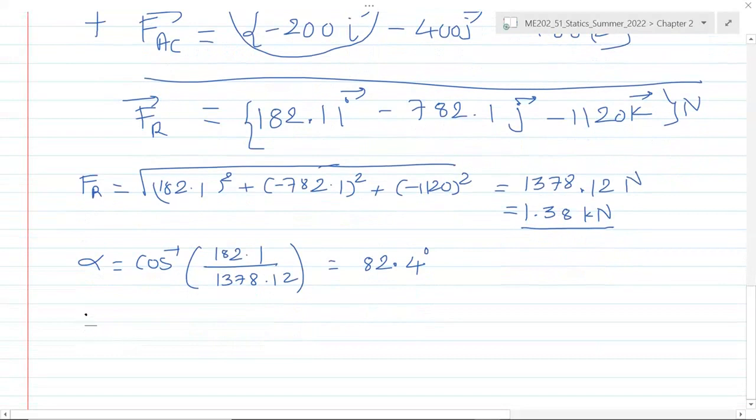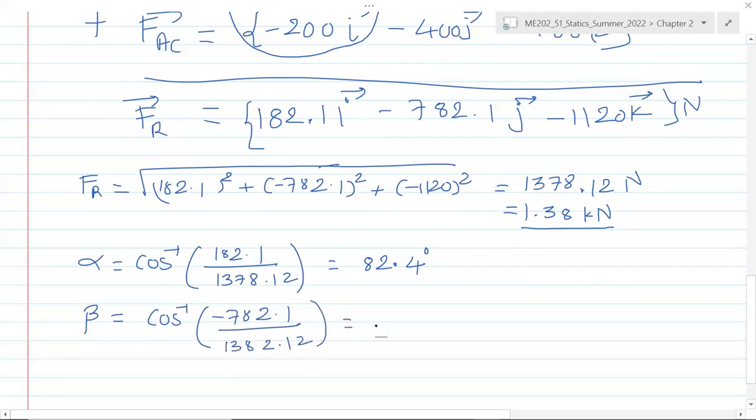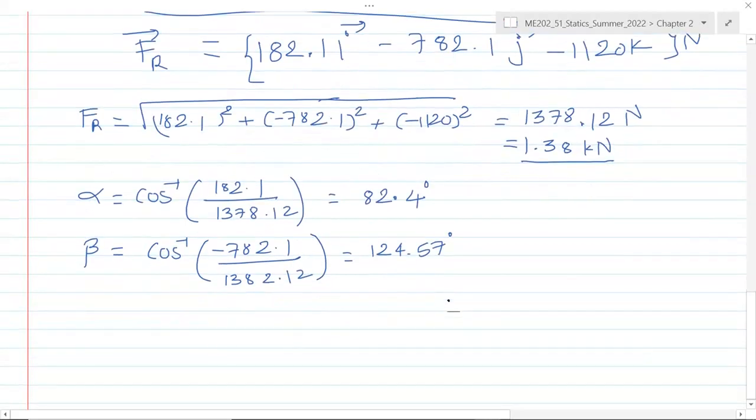Beta, which this force makes with the y-axis, is cosine inverse of the y component, which is minus 782.1 divided by 1378.12, and that's 124.57 degrees. We can write this as 125 degrees as well.